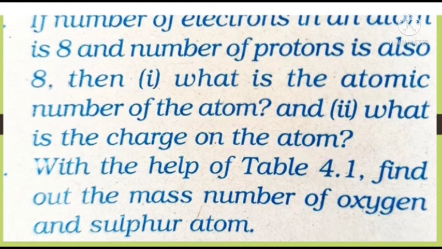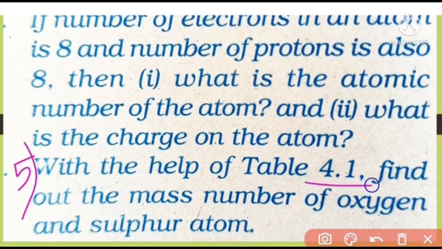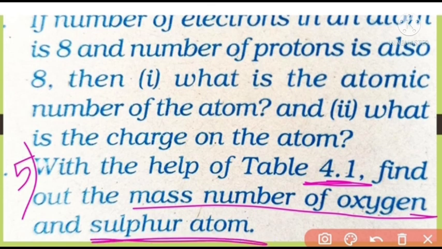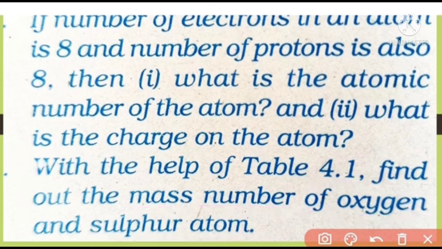Next, the fifth question: with the help of table 4.1, find out the mass number of oxygen and sulfur atoms. This is the fifth question of the assignment.